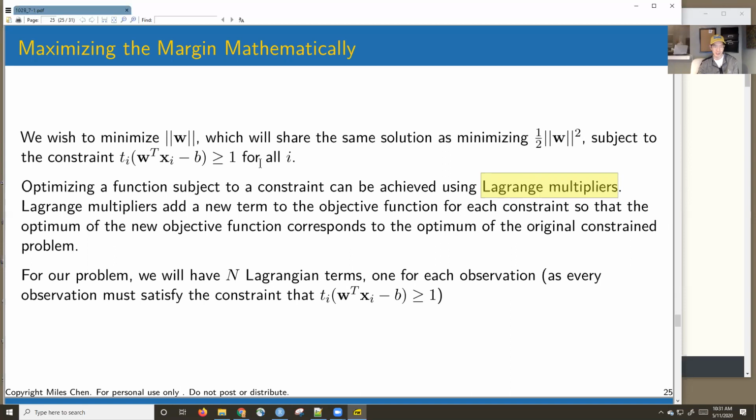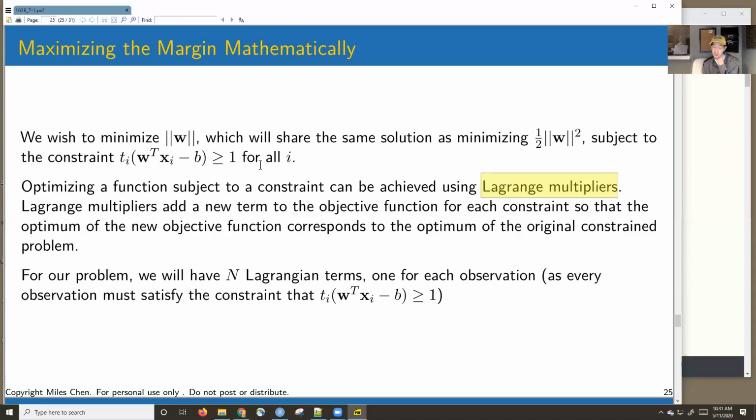The way you do this is basically you add these terms for every constraint, right? Whatever your objective function is that you're trying to minimize or maximize, you're going to add these additional terms there, so that the optimum of the new function will correspond to the optimum of the original constrained problem.